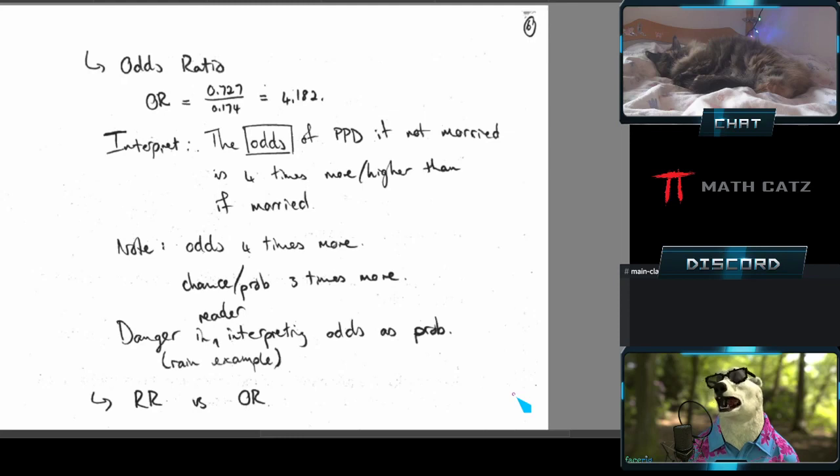So, unfortunately, what happens is the researchers and authors take advantage of the fact that most readers don't really understand the odds ratio, and the odds ratio will be larger than the relative risk. So if I just look at the number without really understanding what's happening here, I see 4.1 times worse versus 2.8 times worse.